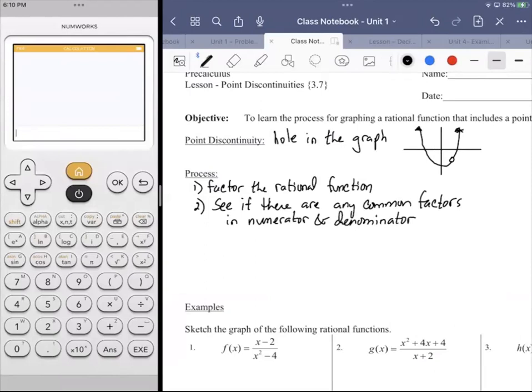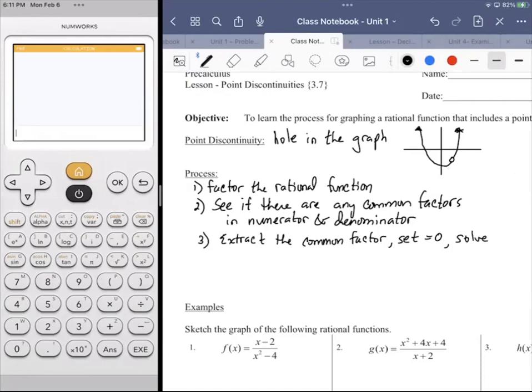We're going to extract the common factor, assuming there is one, set it equal to 0, and solve.